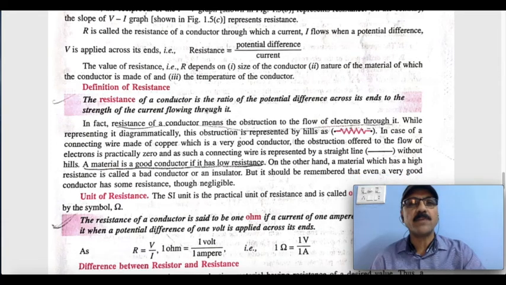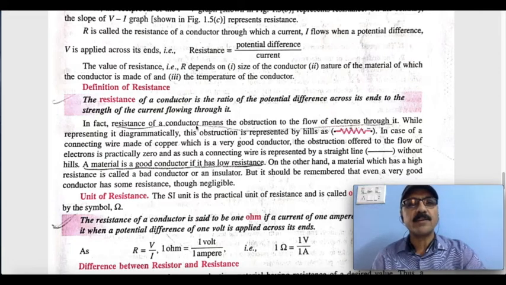The resistance of a conductor is the ratio of the potential difference across its ends to the strength of the current flowing through it, because resistance equal to potential difference upon current.